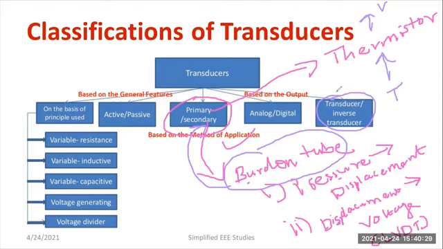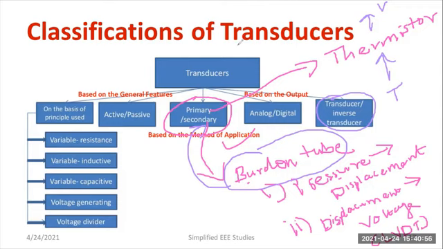In an inverse transducer, the electrical quantity is the input and the output quantity will be a non-electrical quantity. For example, an electrical signal is the input and the output may be sound. Such kinds of transducers are generally called inverse transducers. Hope you understood the difference between transducer and inverse transducer.